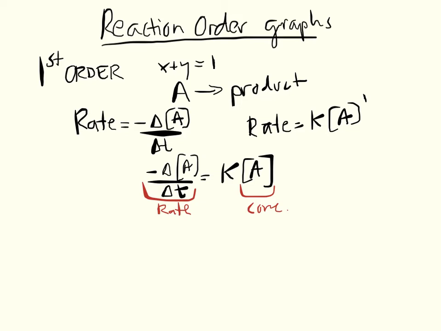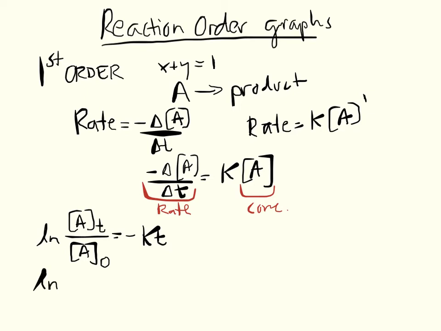Well, through some calculus, if we integrate here, we can determine that the natural log of the concentration of A sub t, meaning at any given time, divided by the concentration of A sub O, is equal to negative KT. Then we know with our log rules, if we divide logs, that's the same thing as subtracting them.